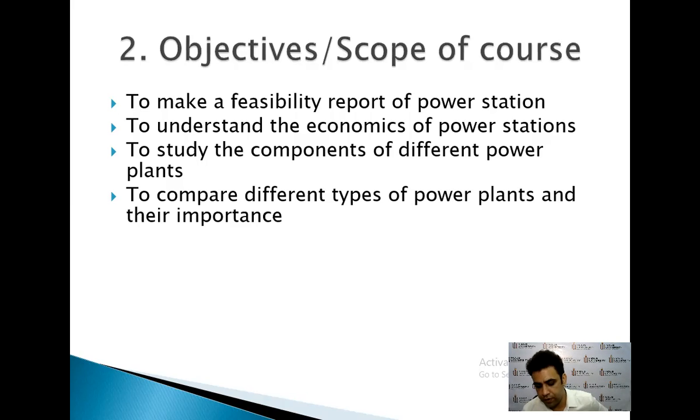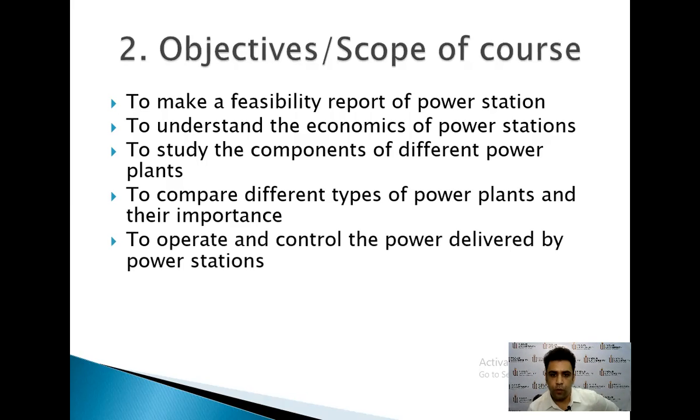To operate and control the power delivered by a power station, as I explained already, this is also the most important factor in power generation, how the power station is operated and how it is controlled.